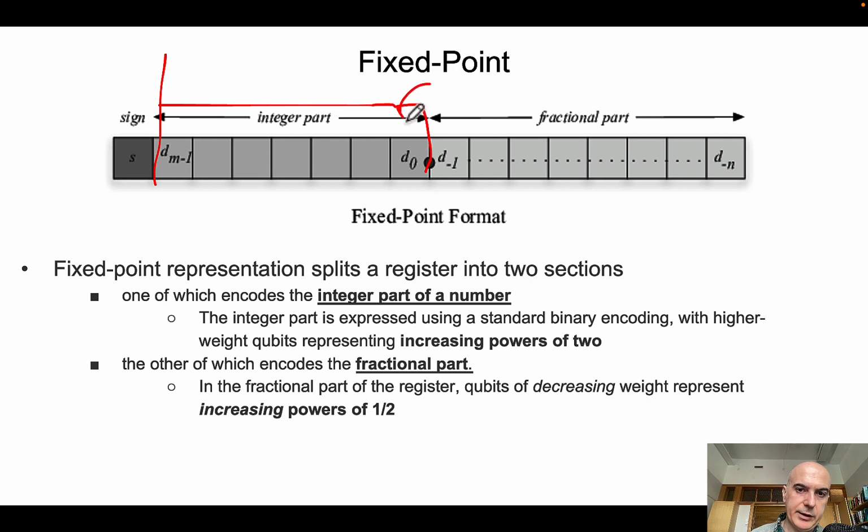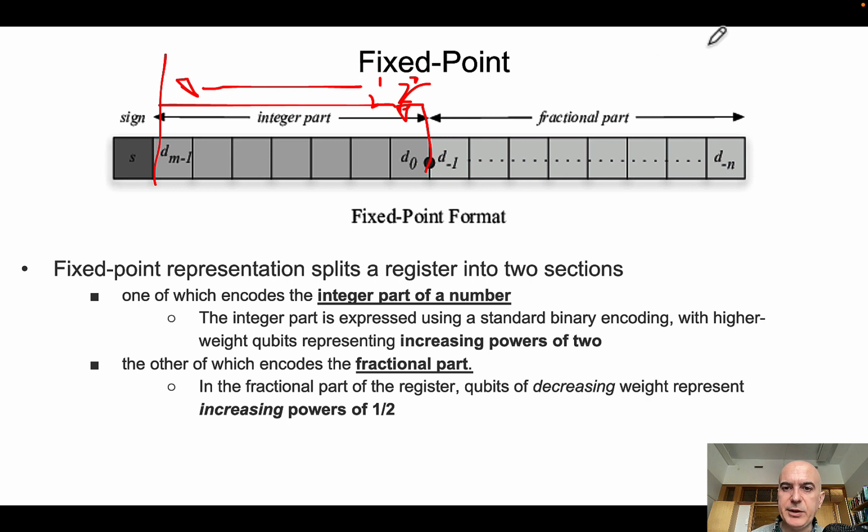So if this is the lowest qubit, here we have 2 to the 0, 2 to the 1, and then increasing the qubit weight, we can represent increasing powers of 2.